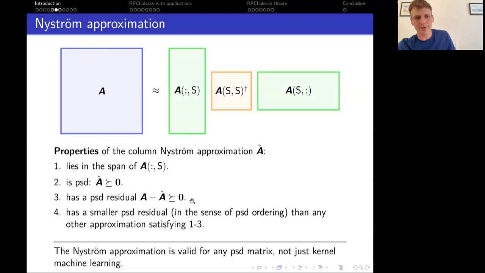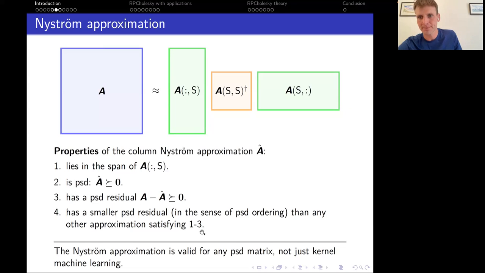It's not immediately clear that it has a PSD residual, which means if you subtract A hat from A, you get a PSD matrix. You can think of A hat as approximating A from below in the PSD ordering sense. And then what's really not clear a priori is that it has the smallest PSD residual possible of any approximation from below in the PSD sense.